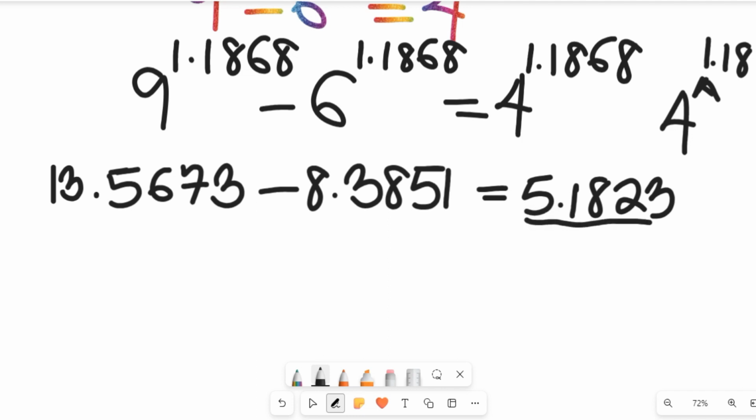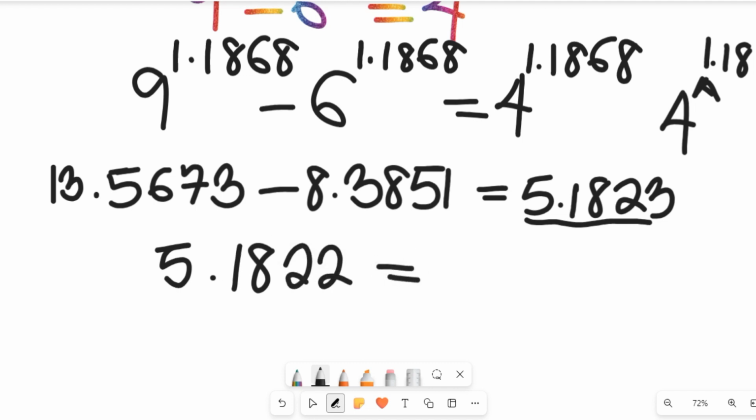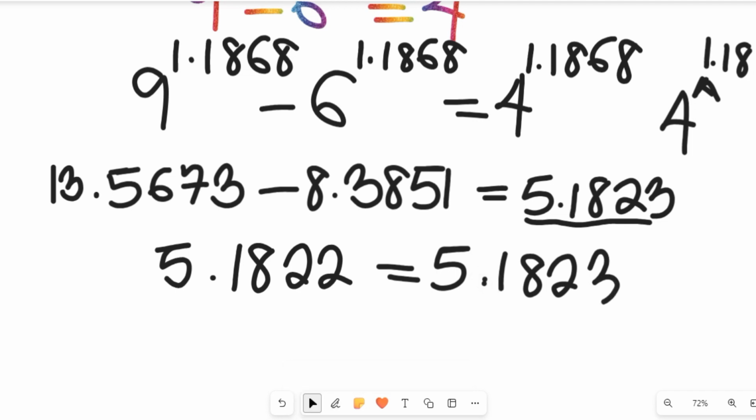Now let's subtract this. If we subtract this, we're going to have this to become 5.1822, is it equal to 5.1823? Of course, apart from the last digit.